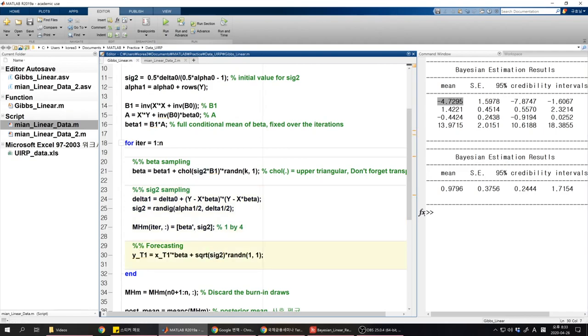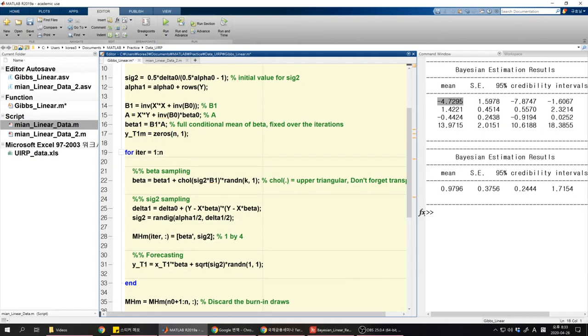Right, and now we have to make a storage for saving the predictive samples. So I'll say y_cap_t plus 1 equals zeros(n, 1).